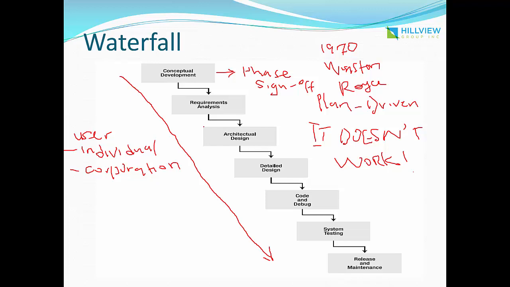I think that's a better thing to say. The first thing is the waterfall methodology generally requires that you completely finish a phase before you continue to another phase.